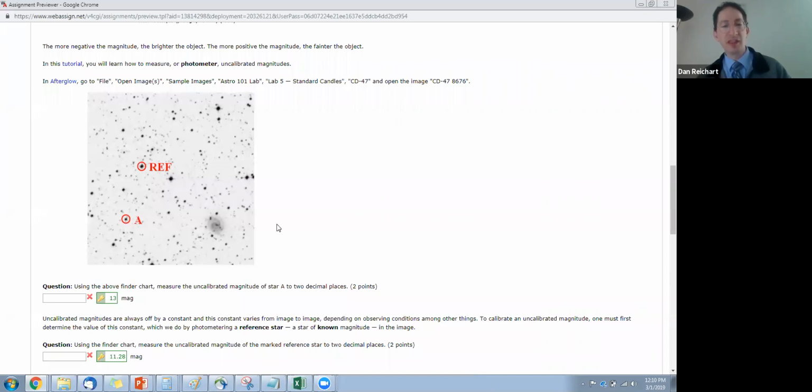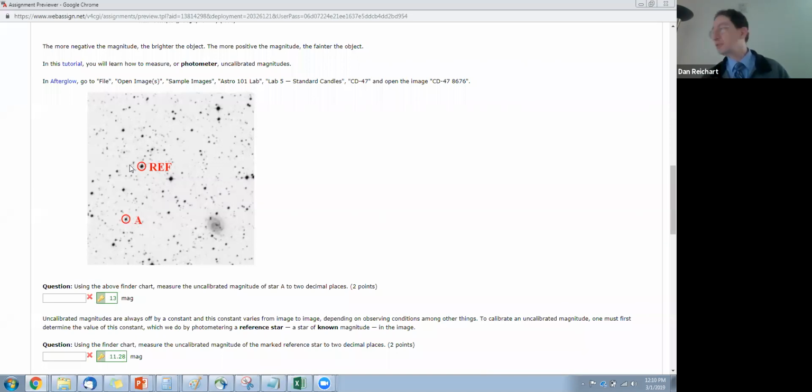In science with young students, we're going to switch over to Afterglow and bring up this image here. This is a finder chart, and we want to know the magnitude of star A, and we have a reference magnitude here as well. You have to explain to the students that every time an image is taken, you can get different numbers of photons, different brightnesses, just because of how much atmosphere you're looking through, or maybe thin clouds are blocking some of it.